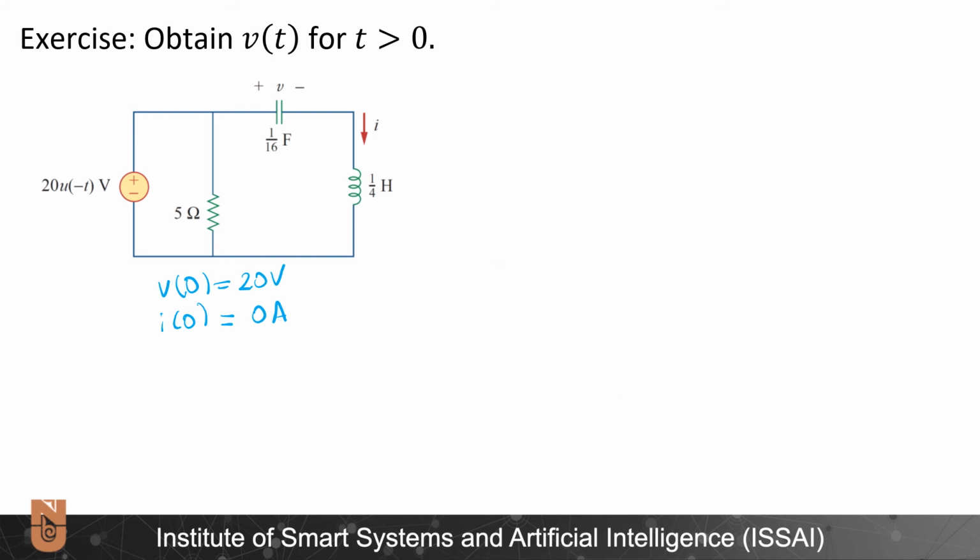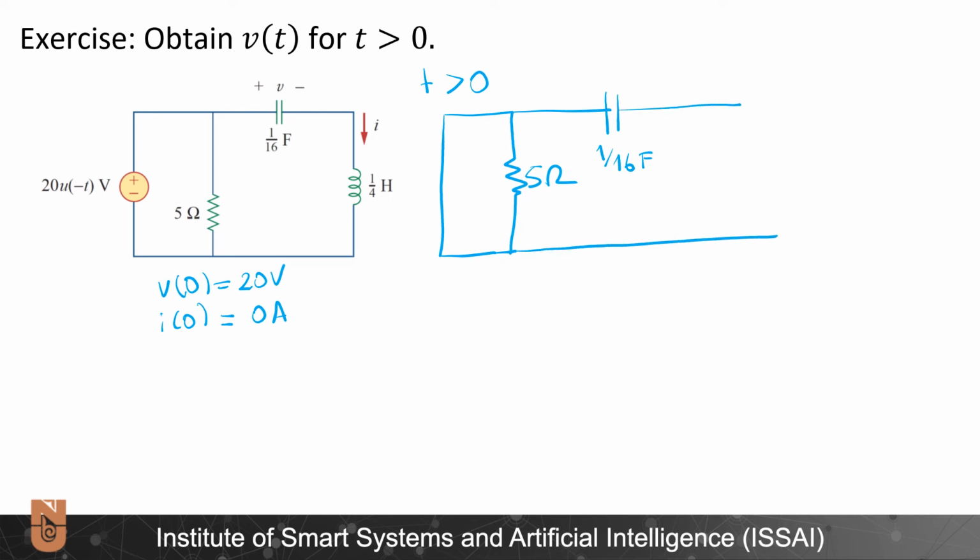Now let's draw this circuit for t greater than 0. Obviously the voltage source will disappear and I will replace it with a short circuit. Then I will put here my 5 ohms. Then here is the capacitance, 1 over 16 farads. And lastly our inductor, not a resistor, inductor here, 1 over 4 henries.